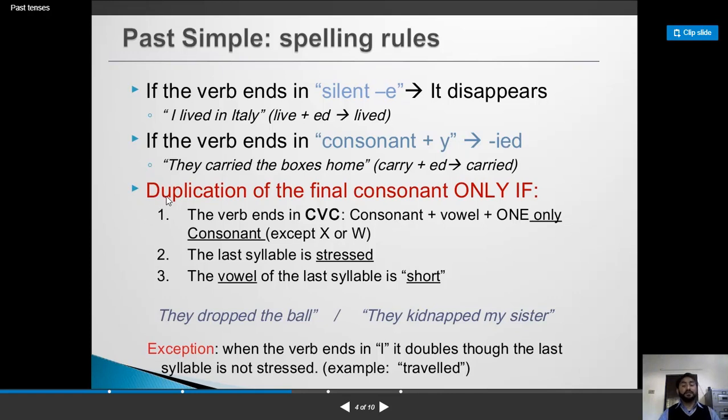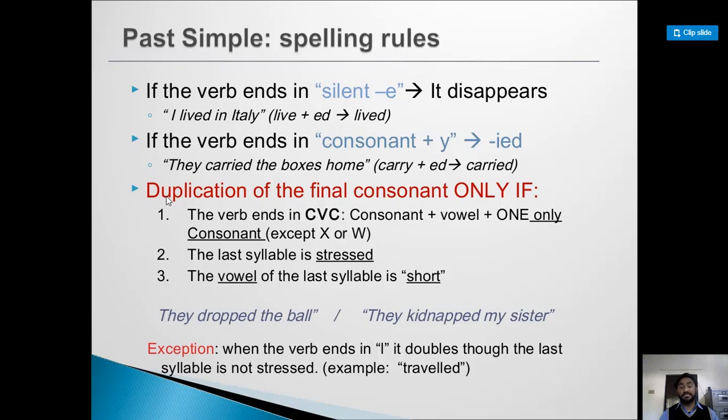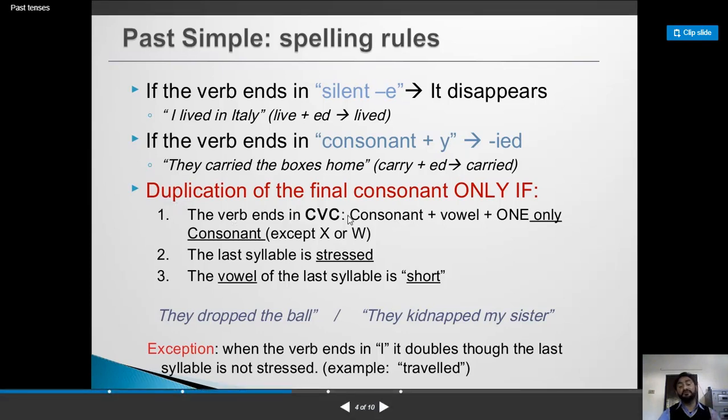And there is duplication of the final consonant only if the verb ends in CVC, consonant, vowel, consonant. C means the consonant, V means the vowel, and C means the consonant.